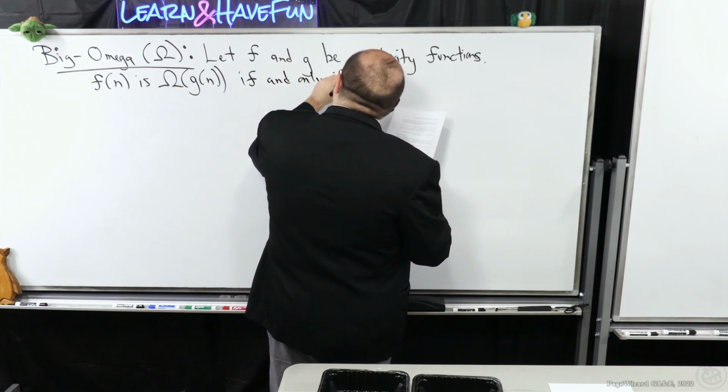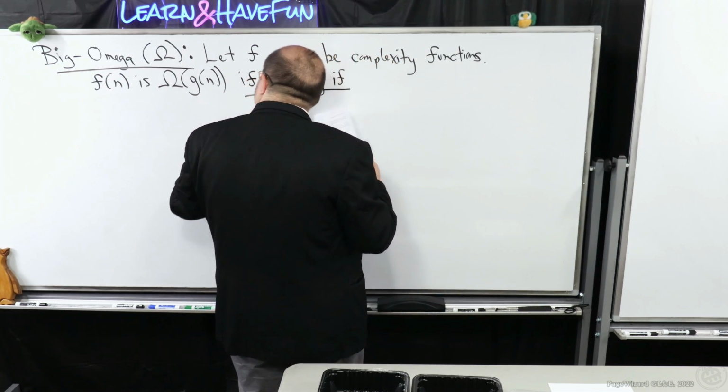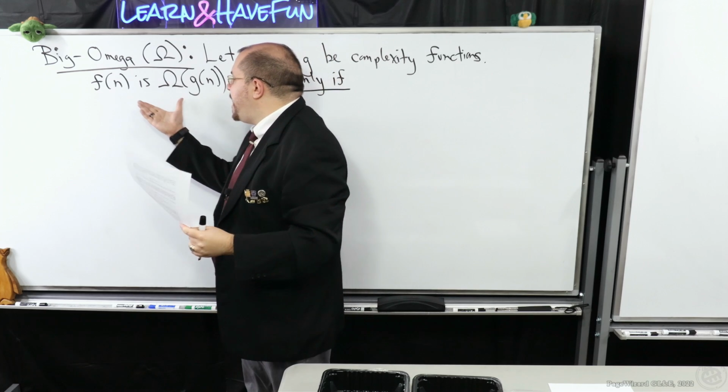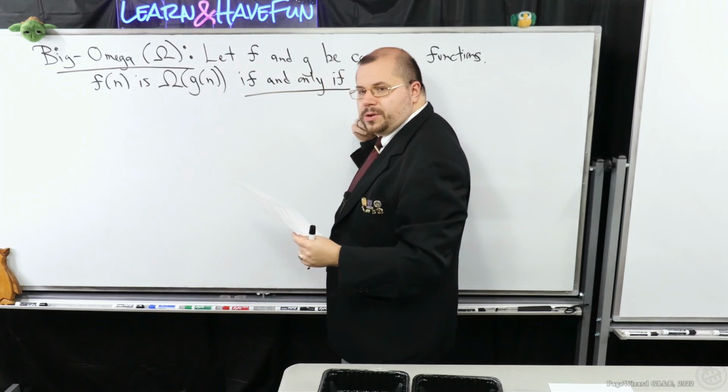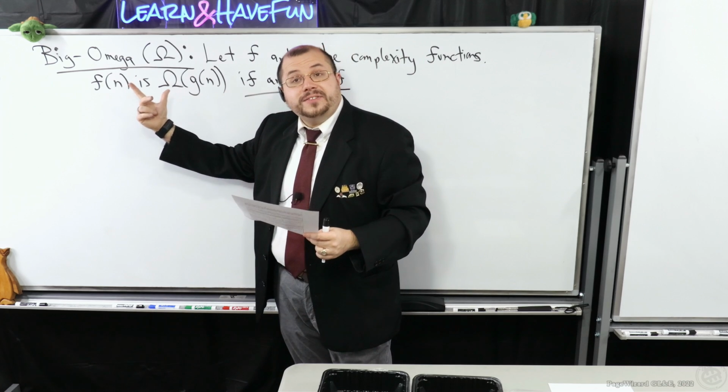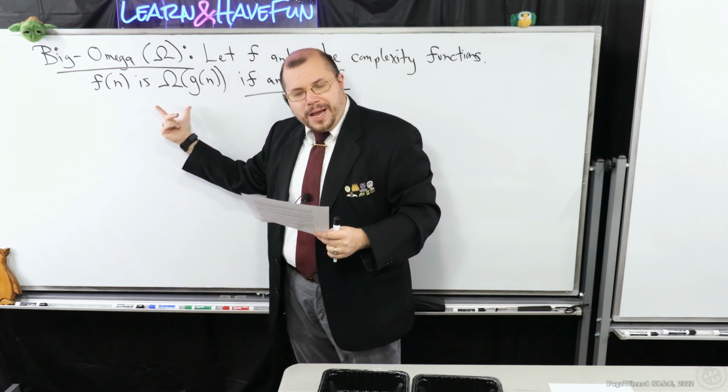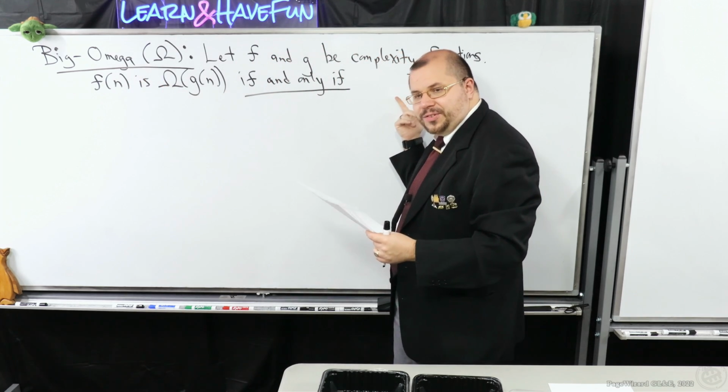So what this means is that if I say that f is big omega of g, whatever follows after this has to be true. And if f is not big omega of g, then whatever comes after this also has to be false.